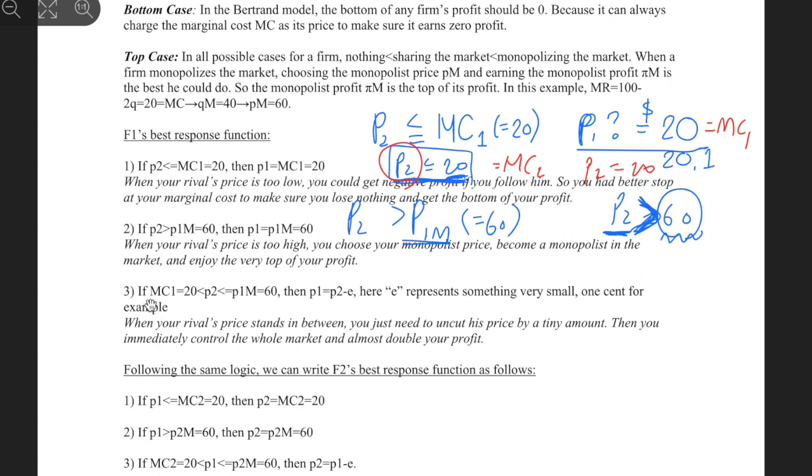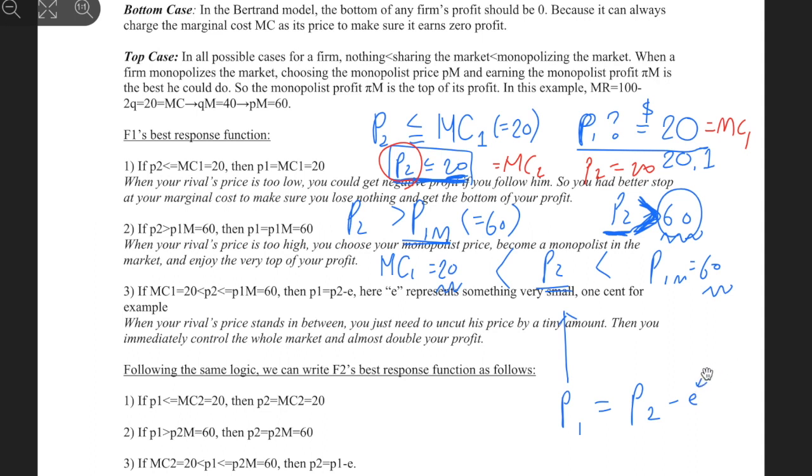And number 3, if MC1 is 20 and we have P2 in between this. So if P2 is between 20 and 60, we have the low end and high end. What about in the middle? What happens if P2 is in neither extreme? Then the rational choice is that P1 should be a little less than P2, right?